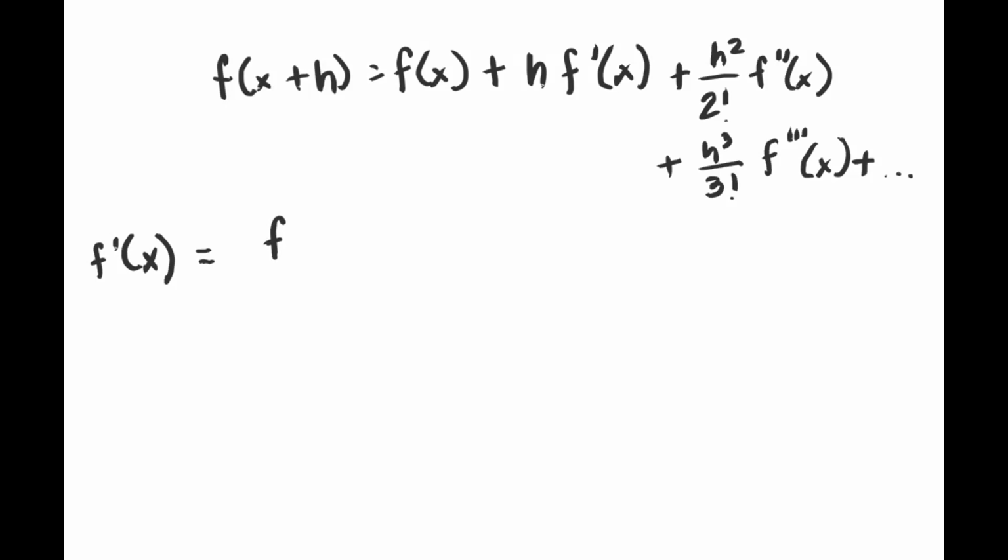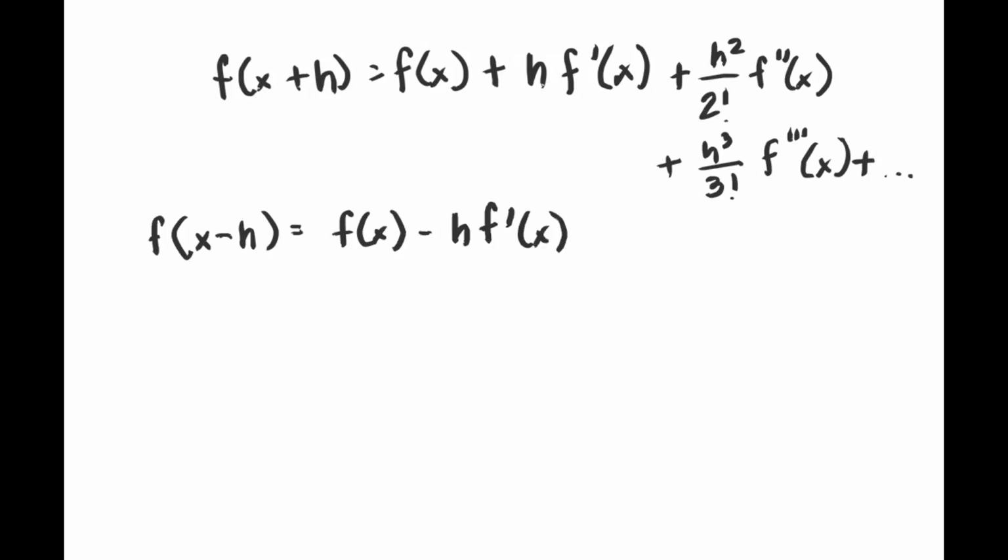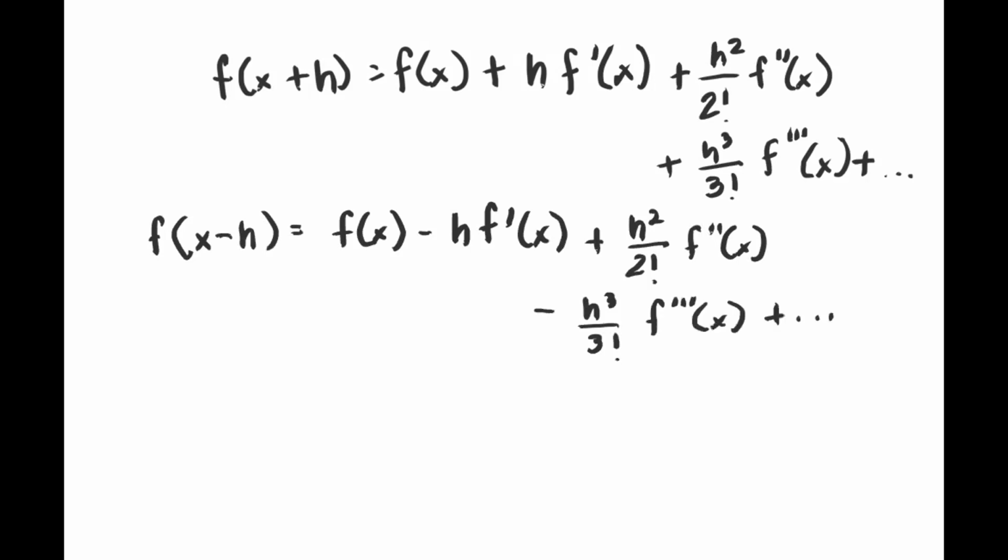Now, we also have to define, this is the magic of the central difference, x minus h. So this one is f of x minus h f prime of x plus h squared over 2 factorial f double prime of x minus h cubed over 3 factorial f triple prime of x. Okay.